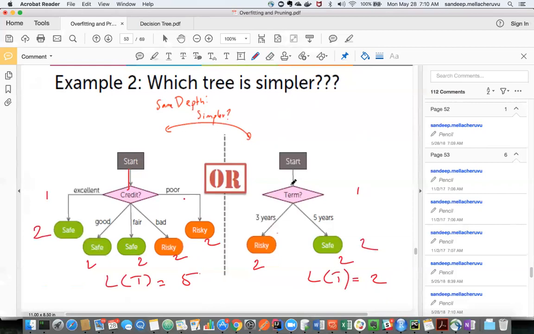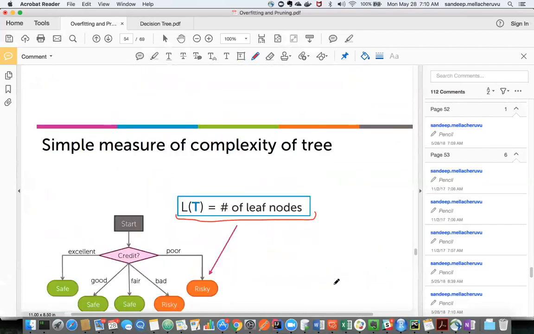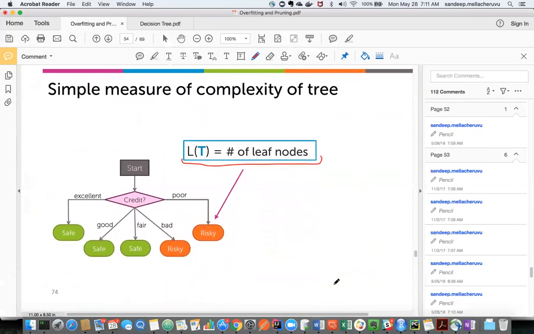So in this case, the leaf nodes of the right side one is lesser. So obviously, you should say that this one is simpler. So the simplest measure of complexity of the tree is number of leaf nodes. If it is having too many leaf nodes, then say that the complexity of the tree is more.